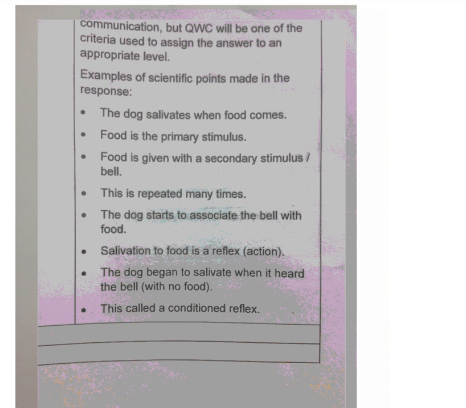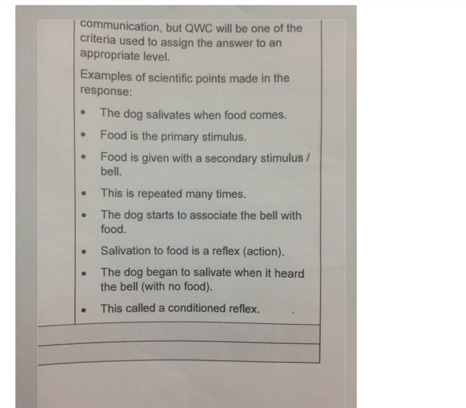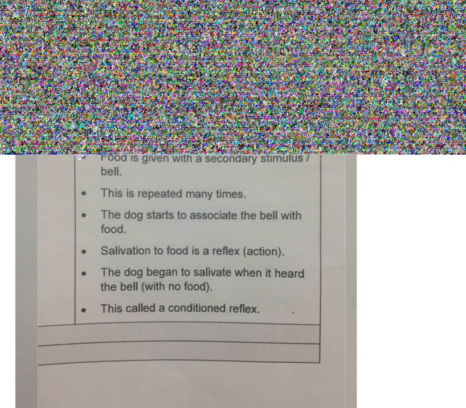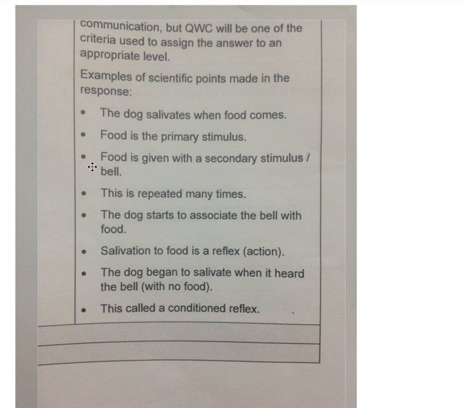The key points we were looking for were that the dog salivates when food comes, and as I explained, the dog salivates to prepare its body ready to digest the food, because there are really important enzymes in our saliva that help digest our food. In this case, the food is the primary stimulus. Food is given when a secondary stimulus is given. In this case, the secondary stimulus is the bell.